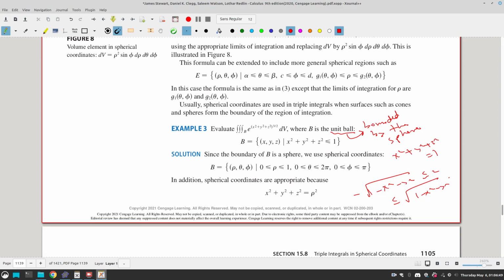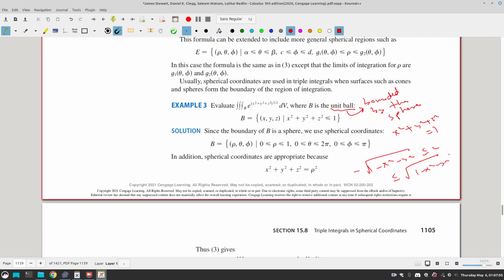So let's try converting this to spherical coordinates, right? So in spherical coordinates, this becomes a very easy looking region. Rho goes from 0 to 1, theta goes from 0 to twice pi, and phi goes from 0 to pi, inside the unit sphere.